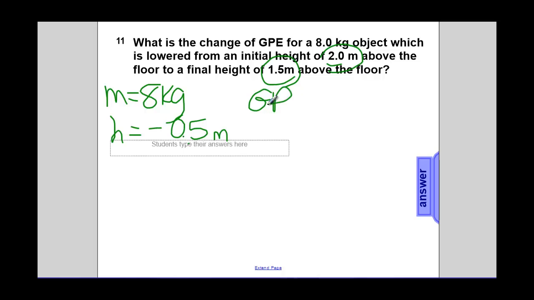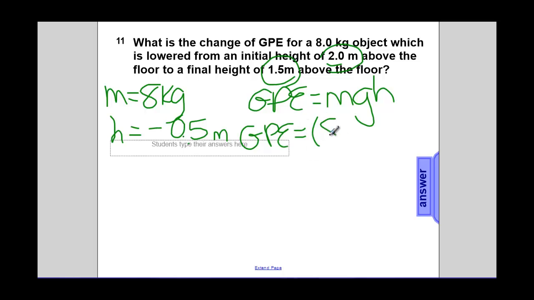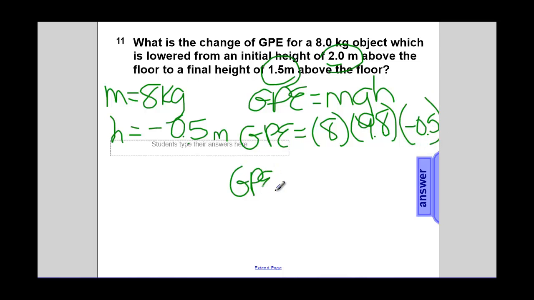So GPE equals mgh, and you plug in 8 times 9.8 times negative 0.5, and your GPE comes to negative 39.2 joules.